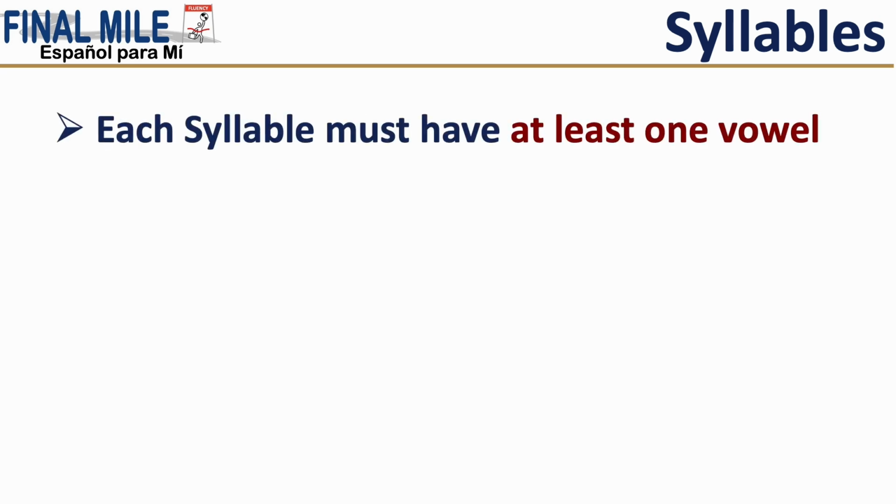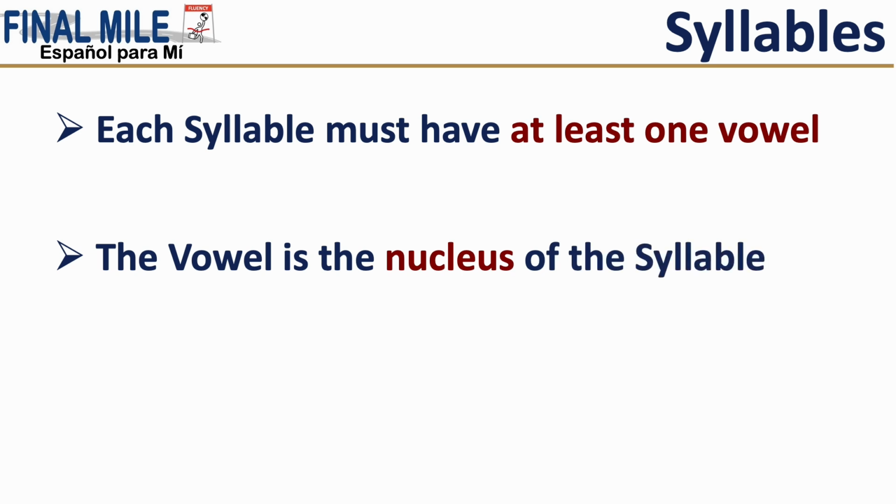Okay? In Spanish, as well as in English, each syllable must have at least one vowel. Okay? The vowel is the nucleus of the syllable. You may have noticed that when we are speaking a vowel, we can stretch it for a long time. We can rest there, if you will. Ah, eh, and so on.